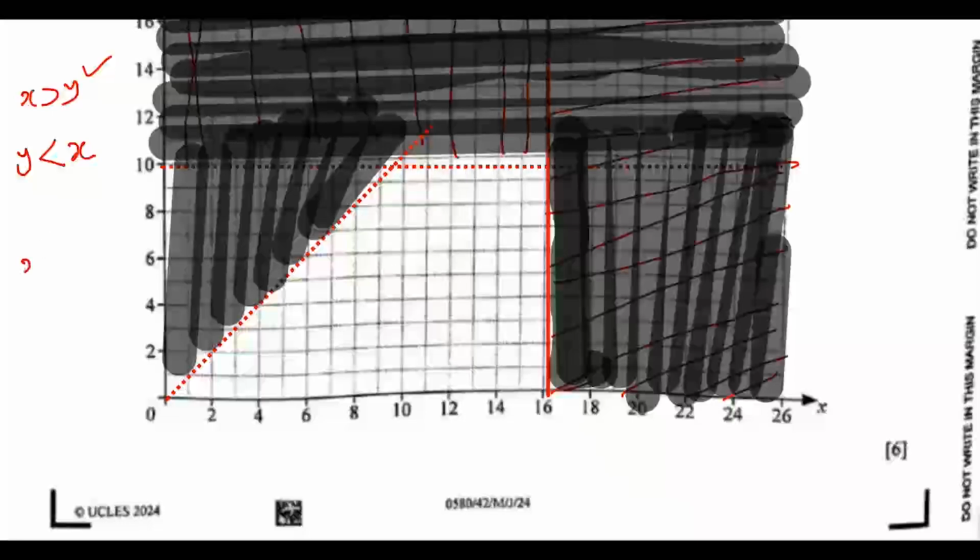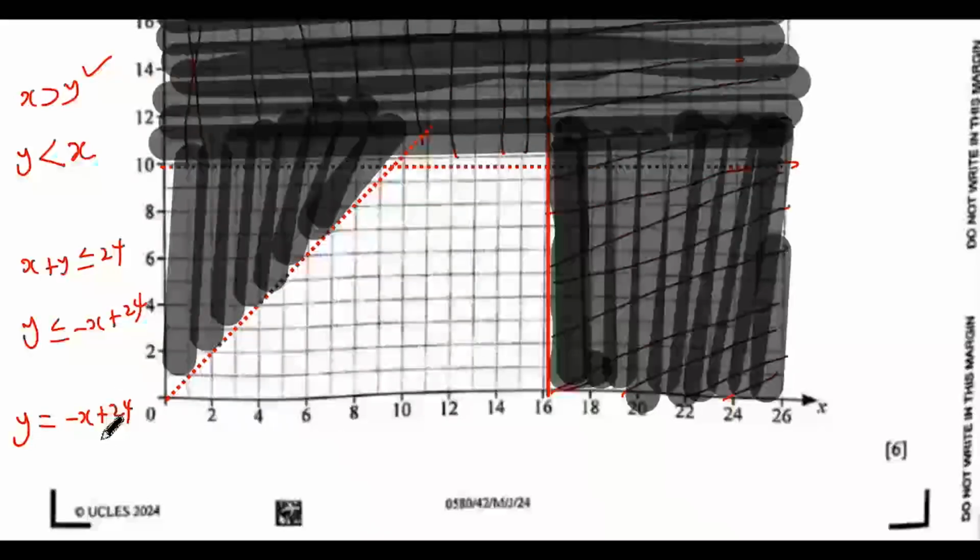We can write it like this: y less than or equal to negative x plus 24. So it's easy to draw y equals negative x plus 24. This is the equation of a straight line, so we can draw this.